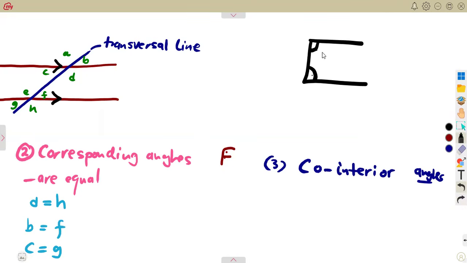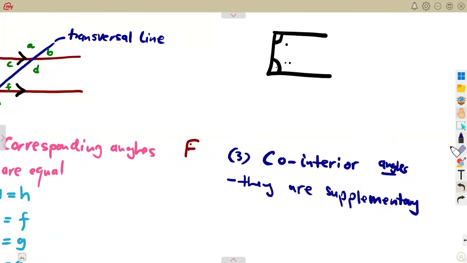So what is the concept of these two angles that we are seeing? They are not equal, no, but they add up to 180 degrees. Since they are two angles, we can simply say they are supplementary. Remember the definition of supplementary angles: two angles which add up to 180 degrees.